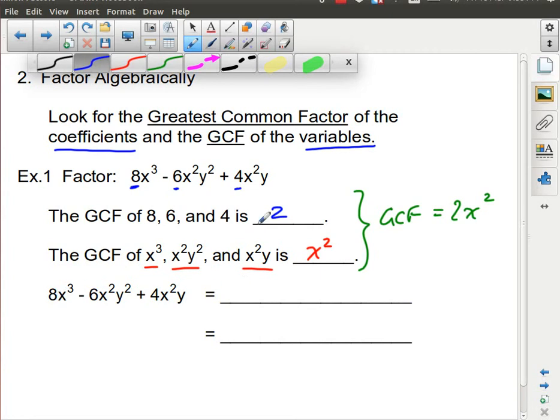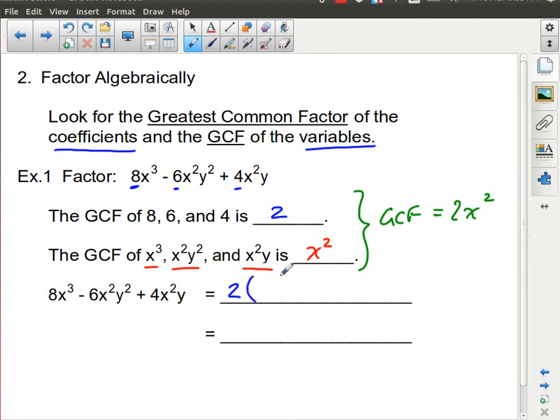So the first thing I'm going to do is take out my common factor of 2, which is my coefficients. Essentially what I'm saying is, what do I multiply by 2 to get 8? Another way to think of that is, what is 8 divided by 2? Well, that's equal to 4, 4x cubed. And take a look at that. What is 2 multiplied by 4x cubed? 8x cubed.